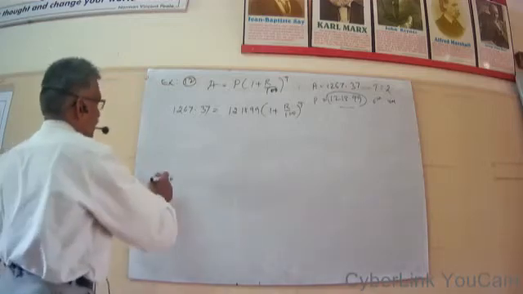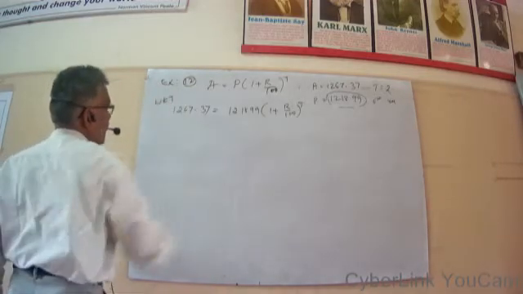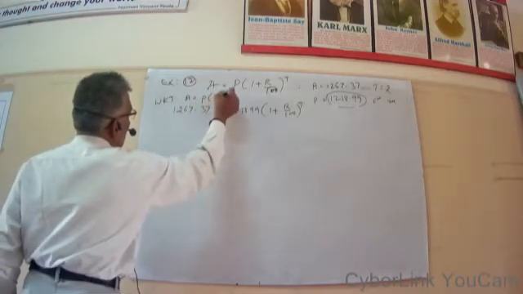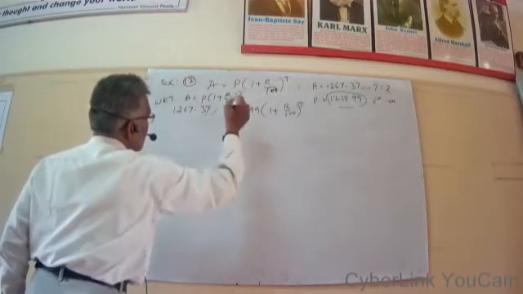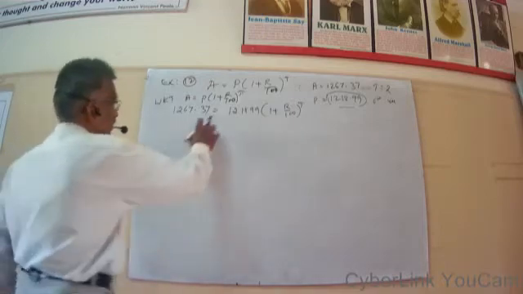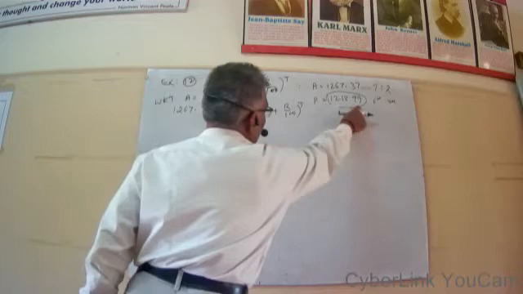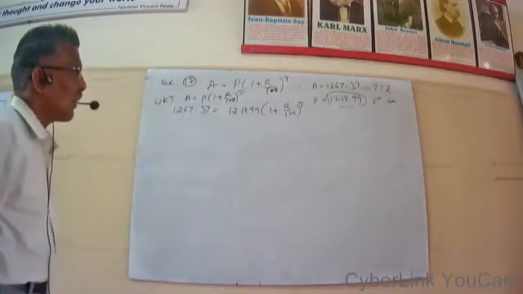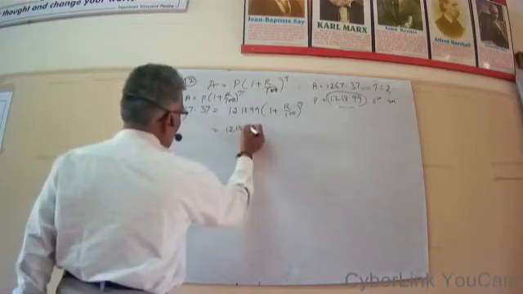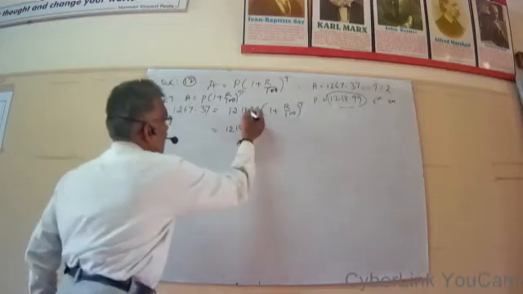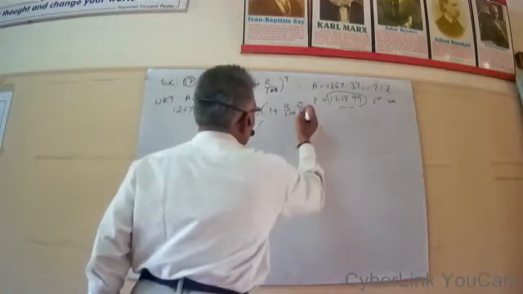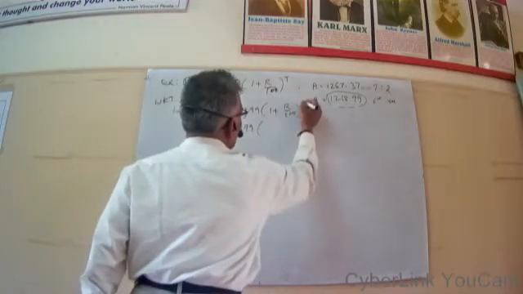And the formula, as we know earlier, is A equal to P into 1 plus R upon 100 raised to T. So 1267.37 equal to 1218.99 into 1 plus R upon 100 raised to T. R is not known, and T is 2 years.